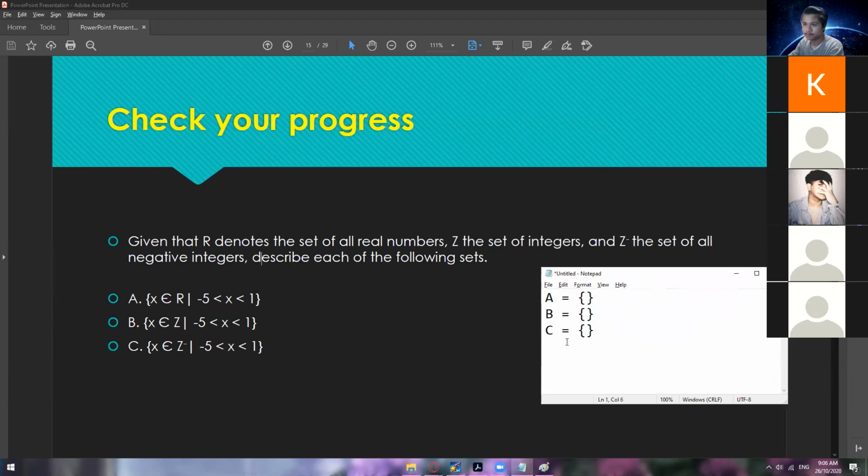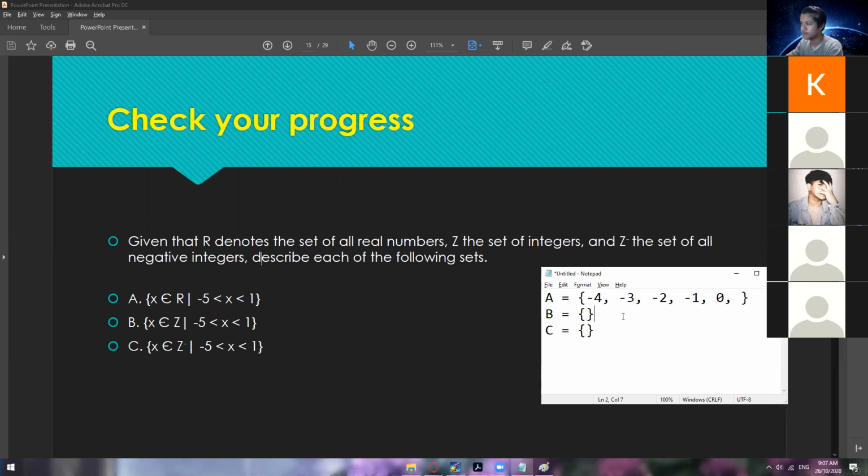Negative. Okay. Ano yun? Negative -1, -2, -3, -4, -3, -2, -1 until 0, sir. Zero.